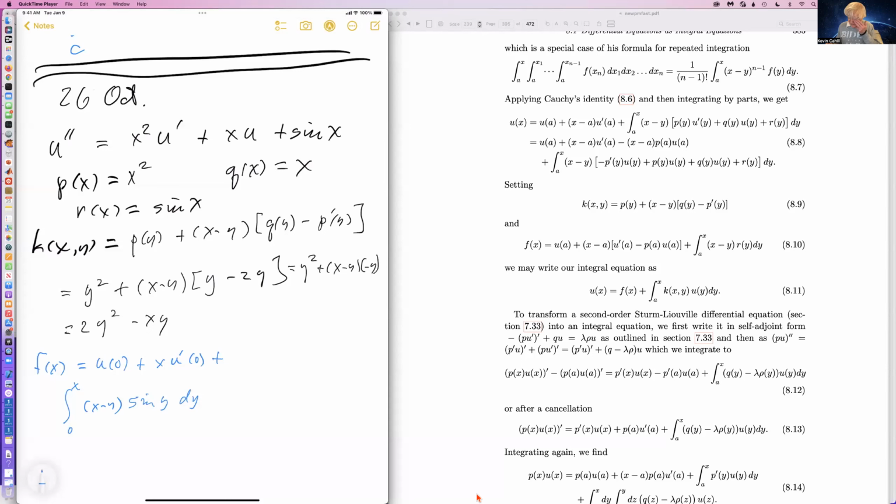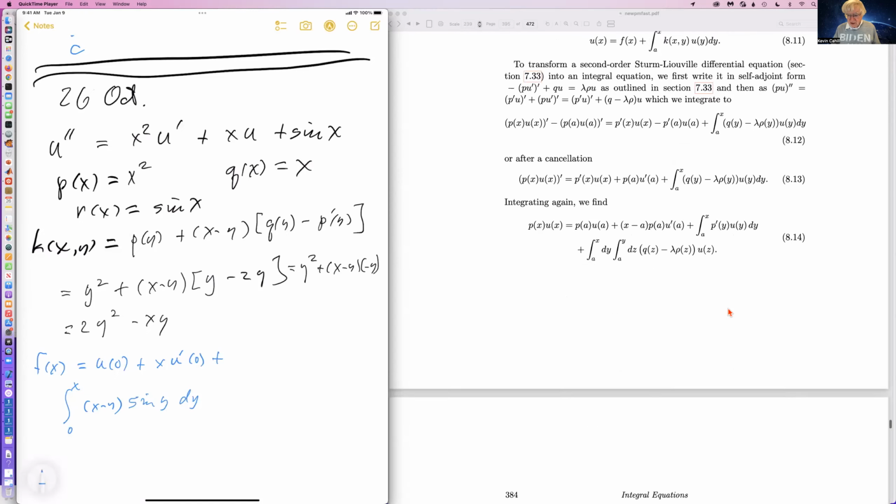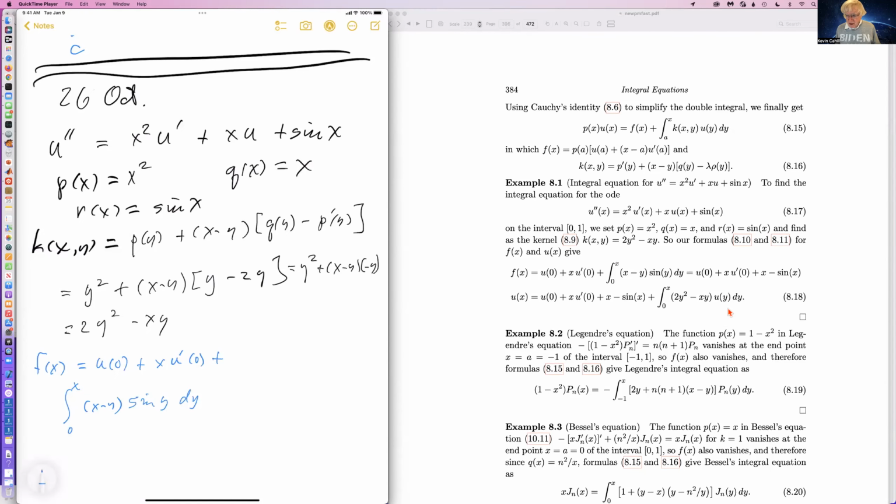I could probably have used MATLAB, but I just chickened out and used Mathematica. And what I got here was the integral was x minus sine of x.